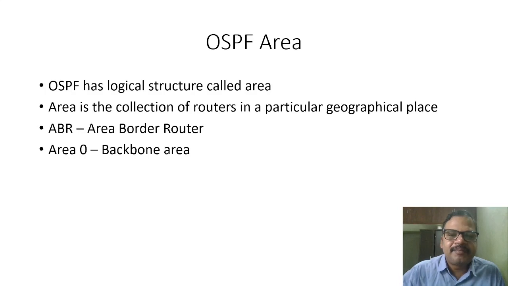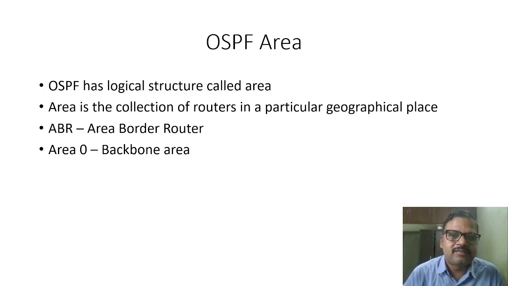Whenever update messages have to be exchanged between two areas, we use the area border router. So each area may have multiple routers, but a minimum of one area border router should be there.